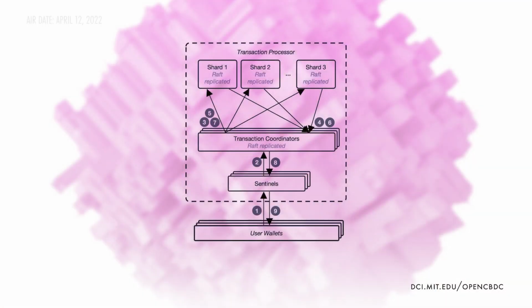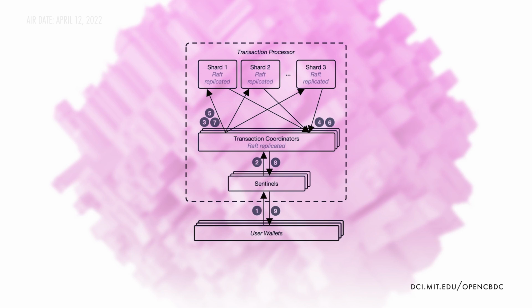This architecture we call the 2PC architecture, or the two-phase commit architecture. And this looks somewhat similar. The transactions, in fact, are identical, and they come in the bottom. They hit the sentinels, and the sentinels do those static checks just as before. But then it reaches this transaction coordinator level, and there are many, many of these. When a transaction gets accepted by the transaction coordinator, it's going to go to the shards at the top that hold the outputs in this transaction, and mark them as in the process of being spent.